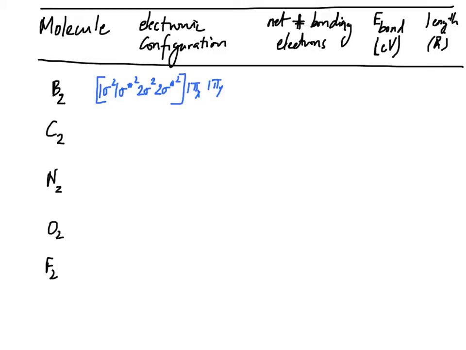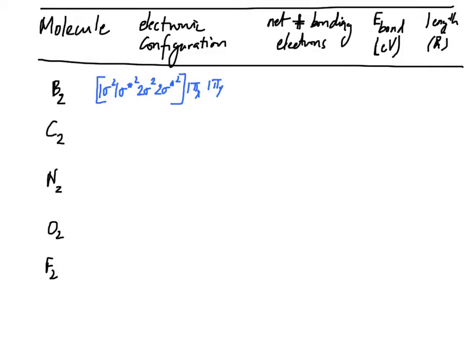Okay, in the same manner, we can move on to the next one, which is the C2 dimer, the carbon dimer. In this particular case, our atomic number is 6. So the total number of electrons in the dimer is 12, 2 more than in the case of B2. So it's quite easy to figure out what's going to happen. In the case of B2, the last 2 levels, the 1 pi x and 1 pi y levels, contained only 1 electron.